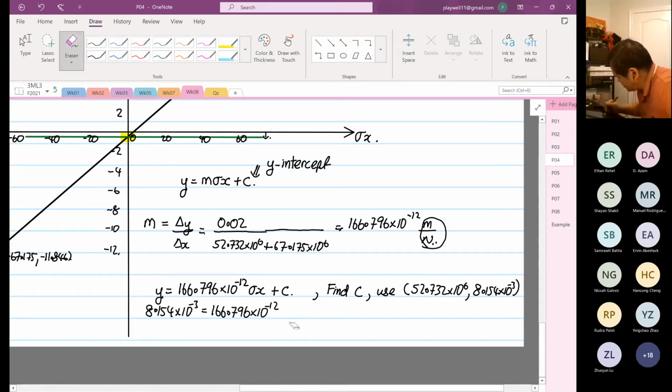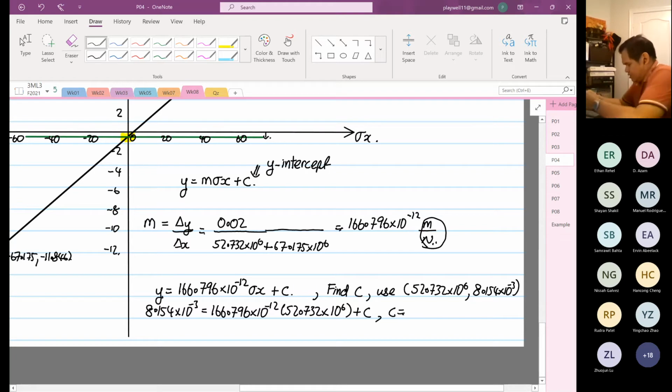And stress x, we know, is equal to what? 52.732 times 10 to the power 6 plus C. So therefore C is equal to 8.154 times 10 to the power minus 3 minus 166.796 times 10 to the power minus 12 times 52.732 times 10 to the power 6.